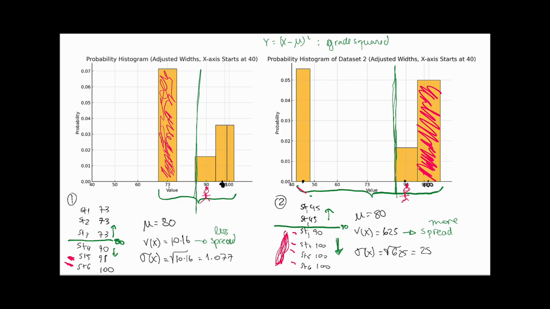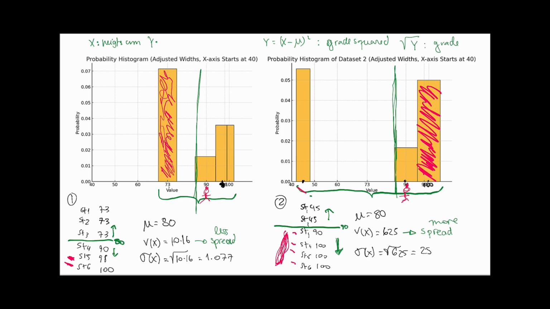Now, when I take the square root of y, then my unit returns to being grade. So the reason they created the sigma, or the standard deviation, is to enable us to talk about the same quantity. Let me give you a better example. Let's say that you're looking at a histogram of heights, where X is heights, so it's in centimeters. Okay?